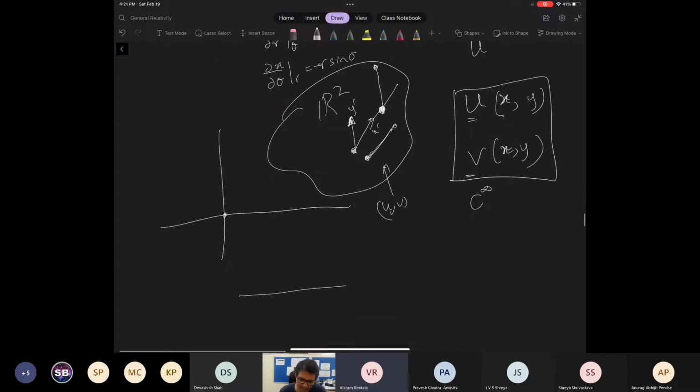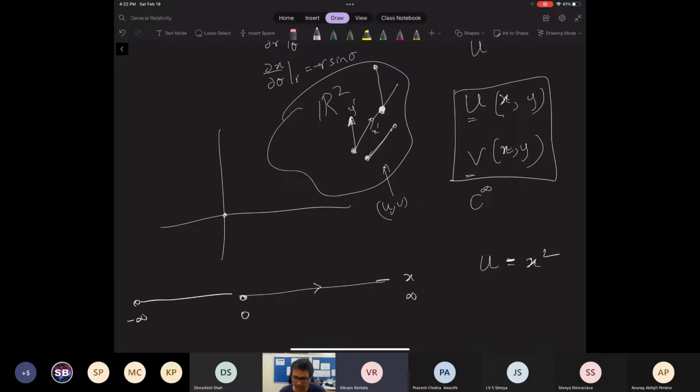For example, if I have a 1D coordinate system, instead of choosing x, I could have chosen my coordinate to be x squared, right? And nothing stops you from doing this. Of course, if I go from 0 to infinity, this is a one-to-one mapping. If I go from minus infinity to 0, that's also a one-to-one mapping.